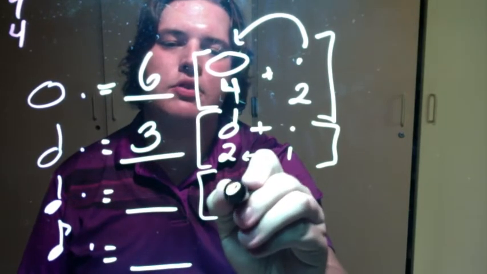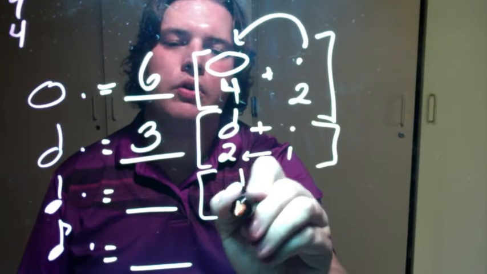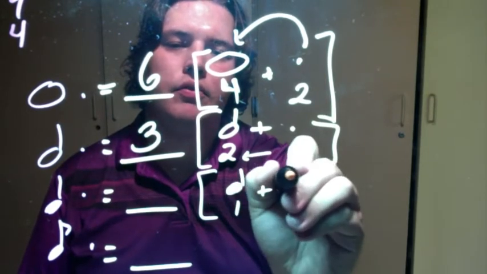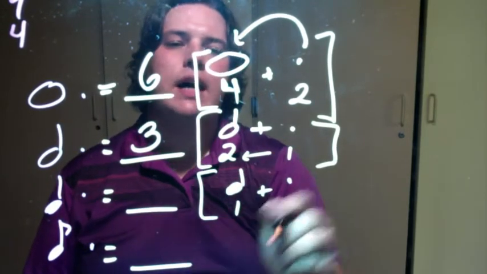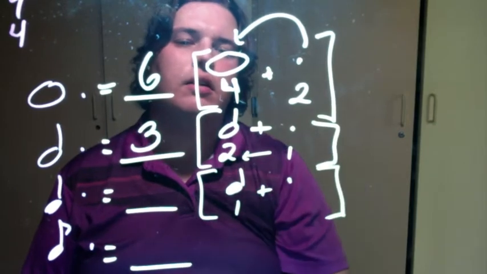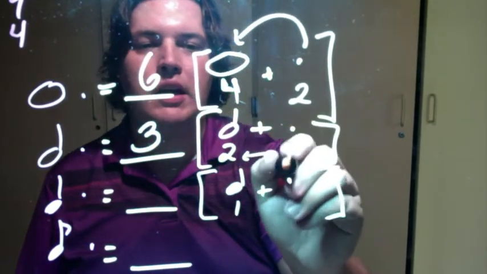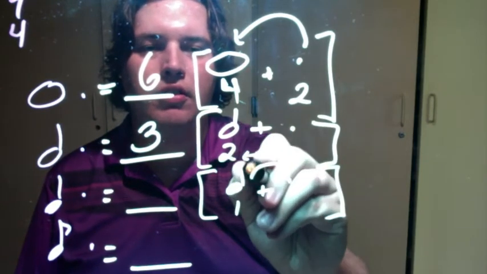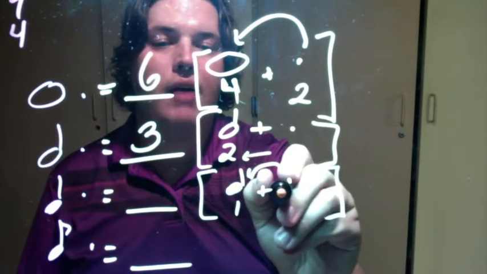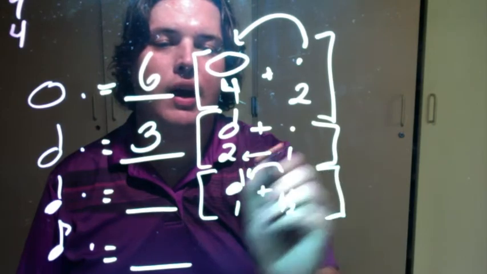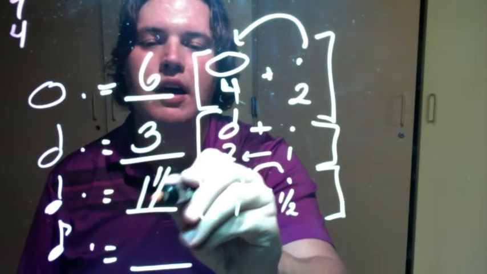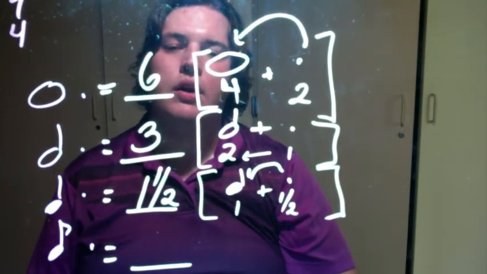Here's where things get interesting. Quarter notes usually equal 1 beat. Okay, a dot is supposed to be, what, 1 beat? No, the dot is supposed to be half of that note again. So half of 1 is 1/2, which means that a dotted quarter note gets 1 1/2 beats.